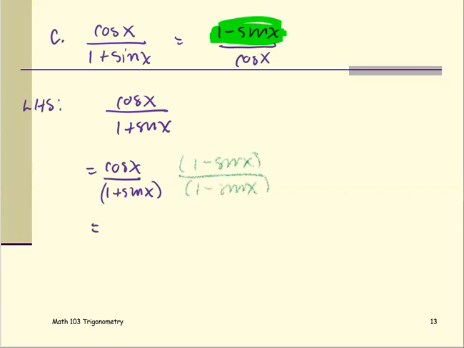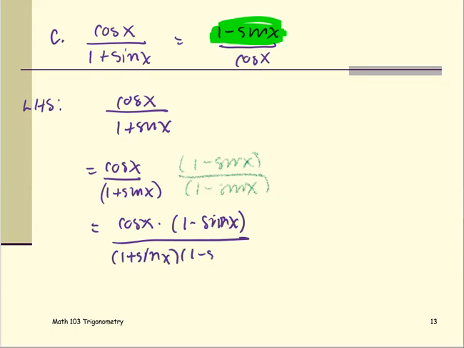Then let's see what we can do for the denominator. So cosine x multiplied by 1 minus sine x, all divided by the product of 1 plus sine x and 1 minus sine x, and we use the property that x plus y times x minus y equals x squared minus y squared.